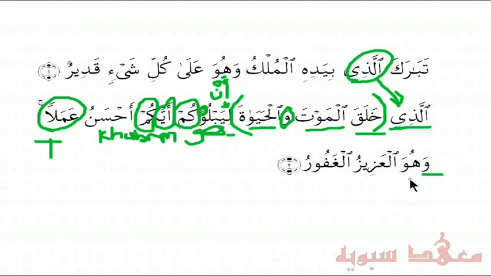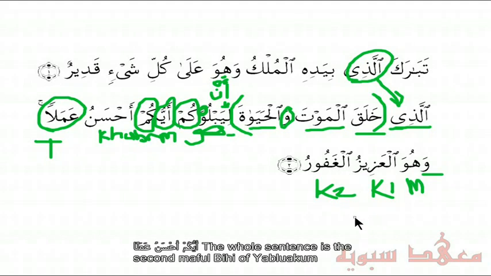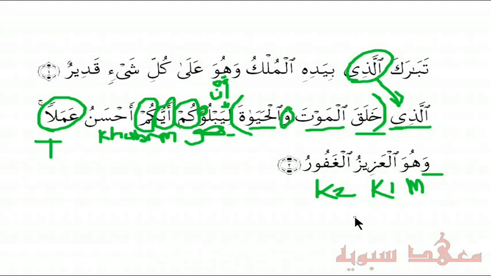Again, huwa is mubtada, al-azizu al-ghafuru. You have khabar number 1 and khabar number 2. Makes sense, inshallah. And if you have any questions or any clarifications on any of what I've said, please don't hesitate to contact me.